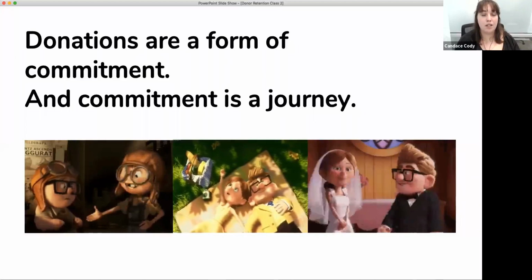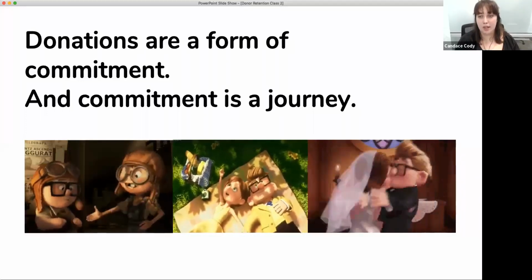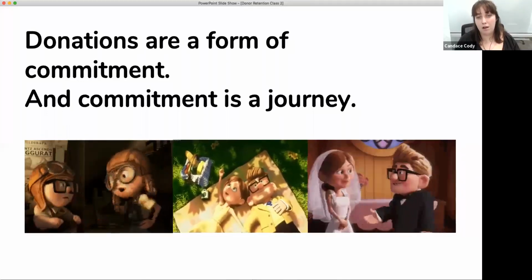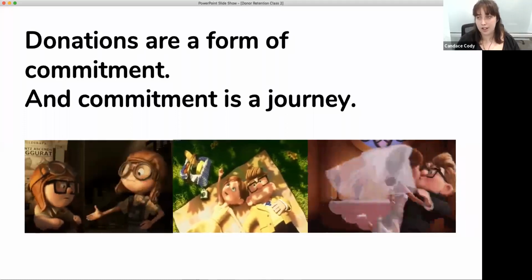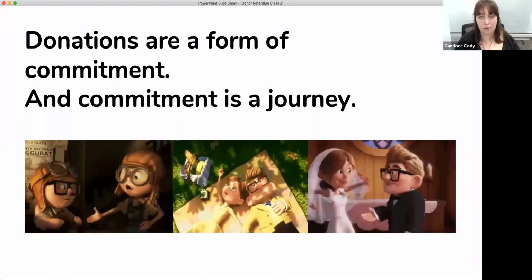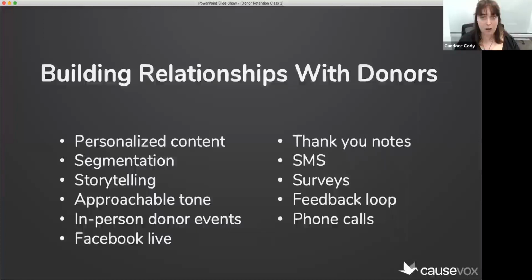And I think coming into donor retention with that perspective, that this is a journey that you're taking together, is really super important. So I have a few suggestions for how to actually build a relationship with a donor instead of just talking at them.